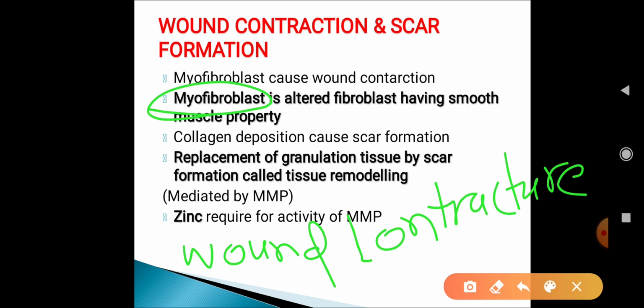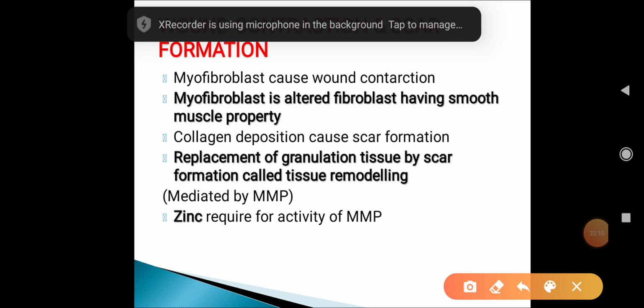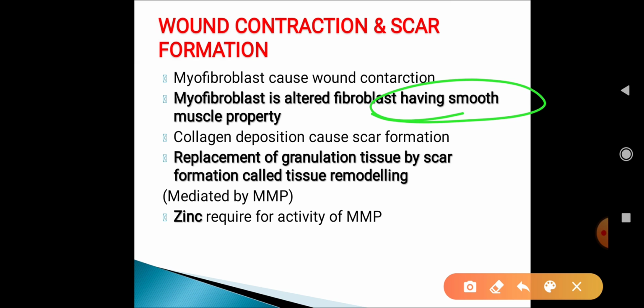It is the modified fibroblast having the function of smooth muscle. It will acquire the smooth muscle property, and this myofibroblast is responsible for wound contraction, right?